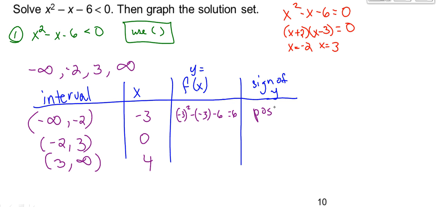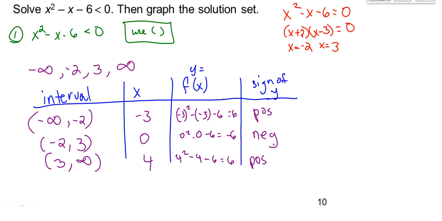With 0, it'll be 0 squared minus 0 minus 6, which is negative 6, so that'll be negative. And if I put 4 in, 4 squared minus 4 minus 6 is 16 minus 4, and then minus 6 is 6. That is going to be positive.